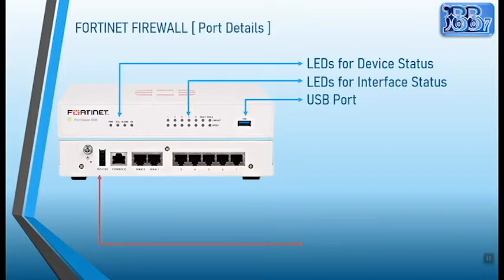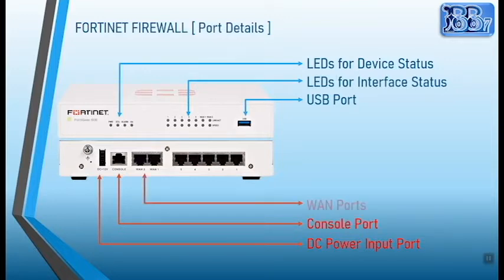The back side of this firewall has the ports shown in the picture. One is used for the power input. The next is for console, which you can use while configuring the device through the console port. The other two ports are used for the ISP, when we have an internet service provider link, which can be used in the 1.1 and 1.2 ports.